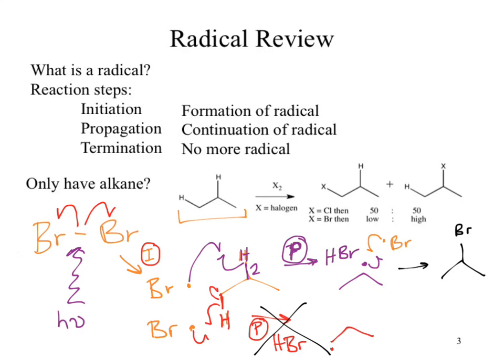Realize chlorine is so much smaller, much more reactive. The more reactive something becomes, typically the less selective. So we want to control our reactions as best as possible, slow and controlled as opposed to fast and just a mess. So that's kind of what's going on with our radicals when it comes to alkanes.